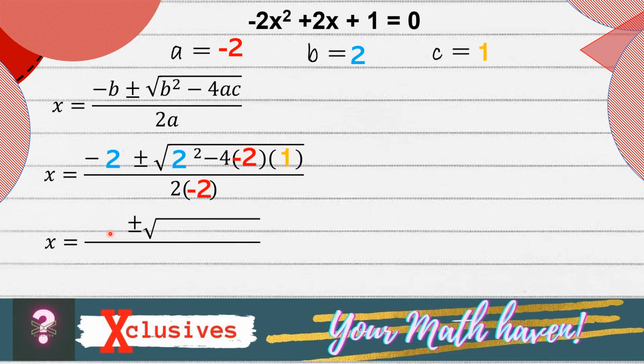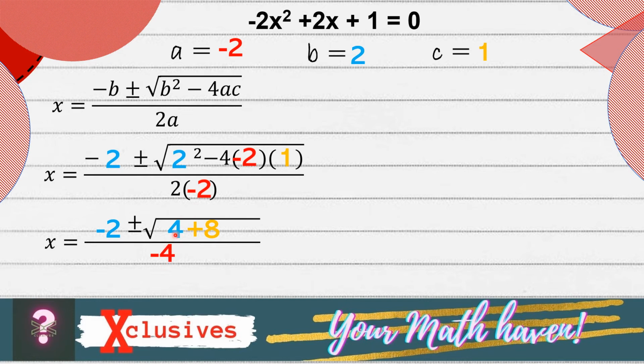To simplify, we have negative 2 plus minus 2 squared, that is 4, negative 4 times negative 2, that is positive 8, times 1, we have plus 8, all over 2 times negative 2, that is negative 4.